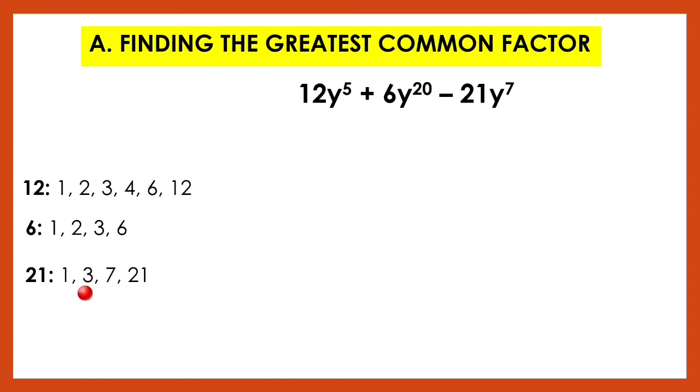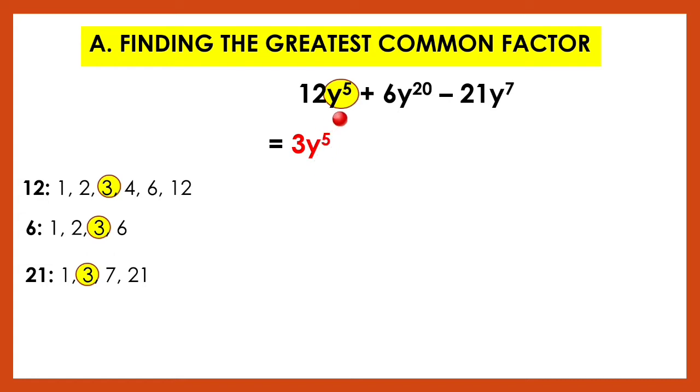So, alin ang mas malaki? That is 3. And then, para sa variable, kukunin natin yung pinakamababang exponent. So, ang may pinakamababang exponent ay, syempre, yung y raised to 5. And then, pagsasamahin natin, 3 times y raised to 5 is 3y raised to 5. Ito na yung ating greatest common factor.